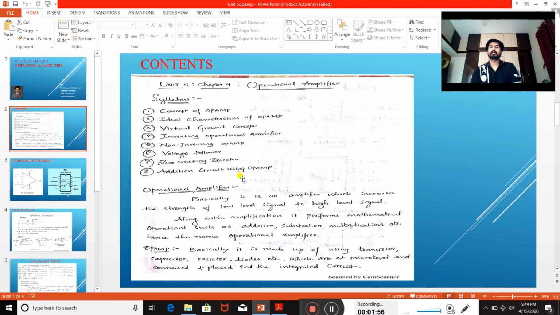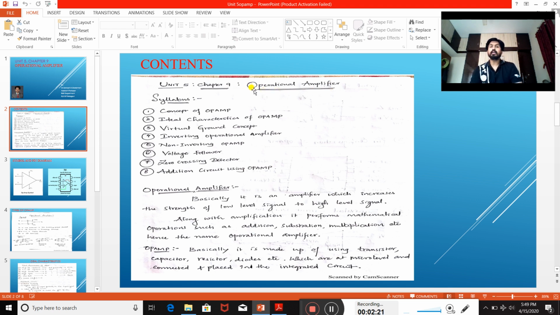Similarly, here the operational amplifier does the amplifier work along with some operations, and those are mathematical operations, which are nothing but addition, subtraction, multiplication, division, etc. Hence the name operational amplifier.